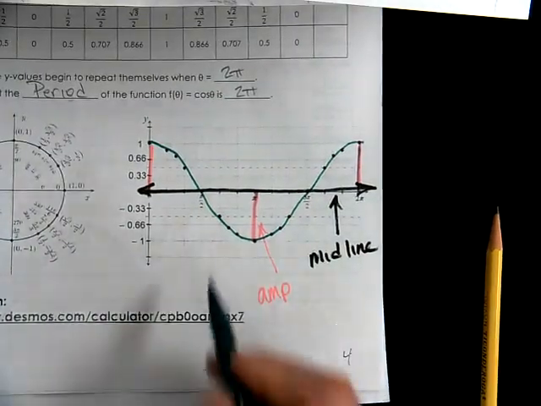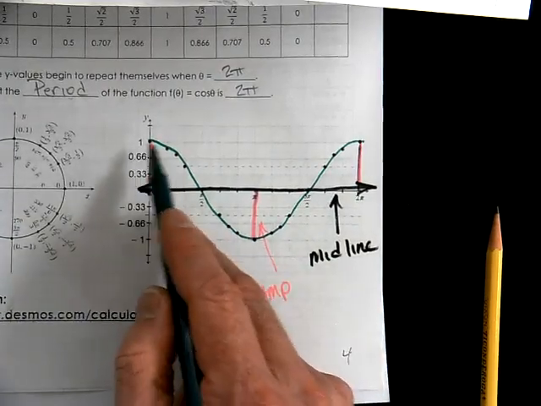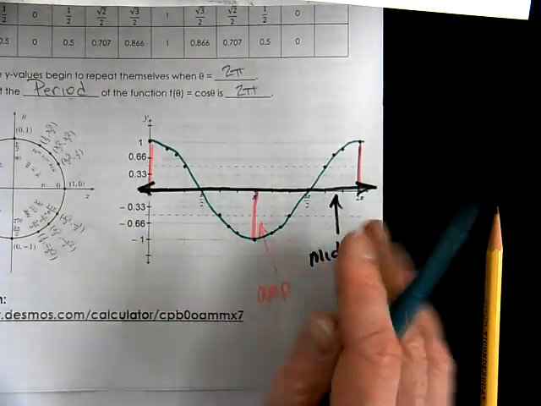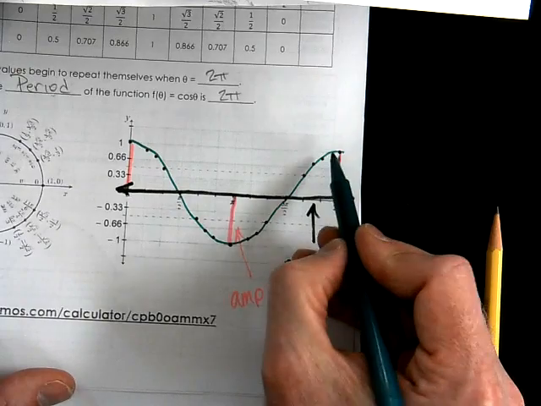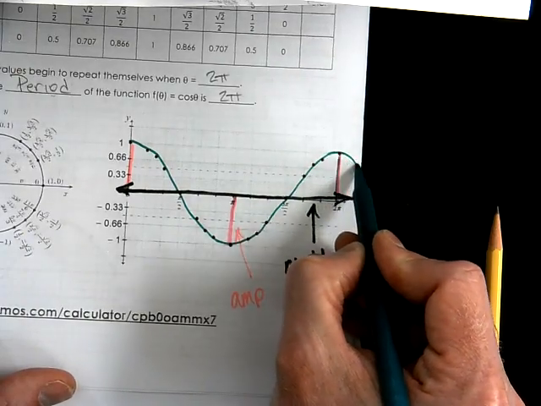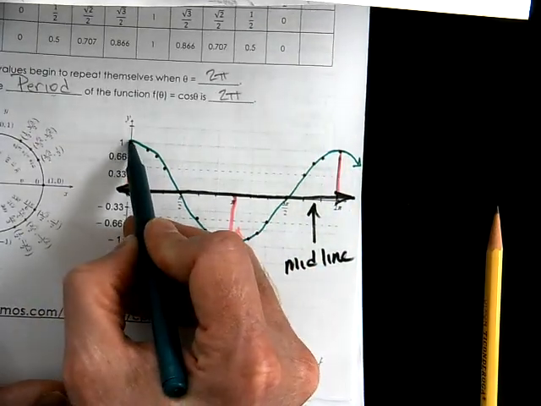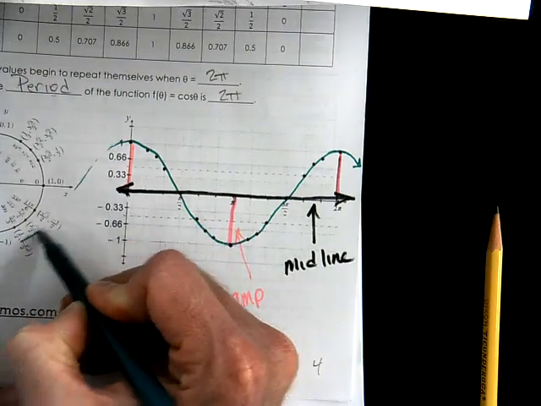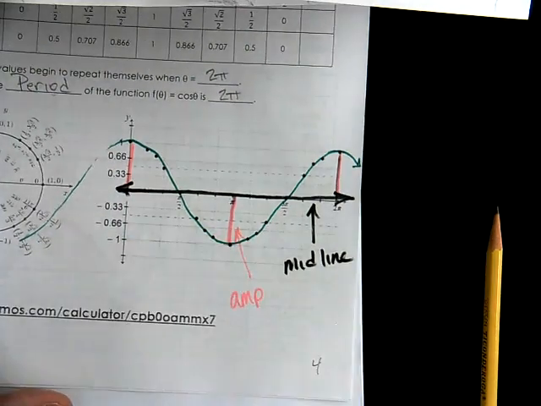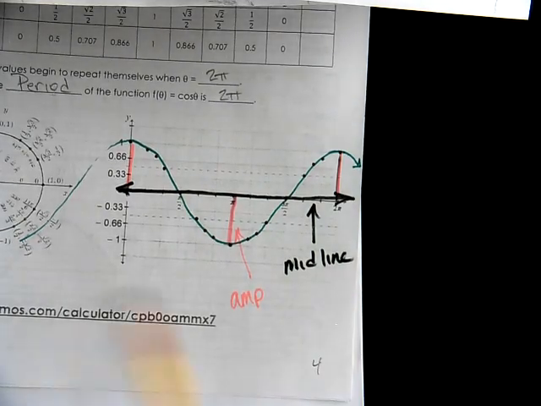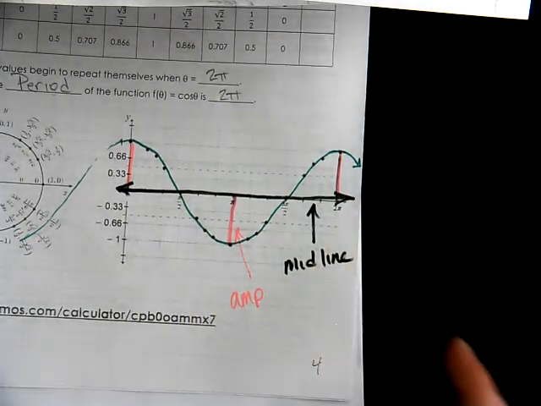It's not a V shape. So try to make yours curved when you start to draw some. But it's going to continue on. And on this side it would come through and continue on as well. That's what makes it periodic. It continues on and it repeats the same pattern.